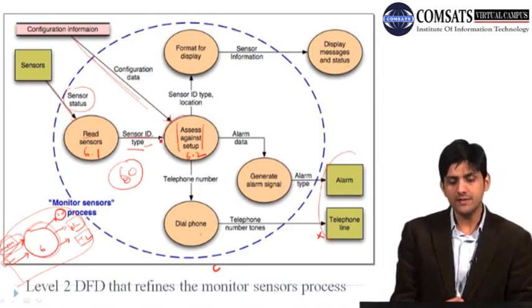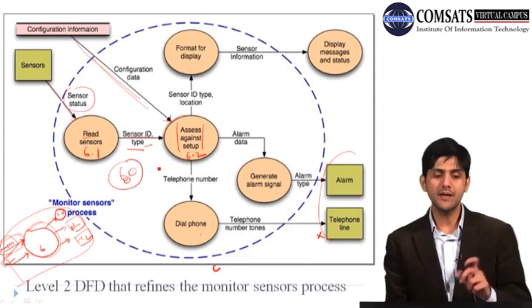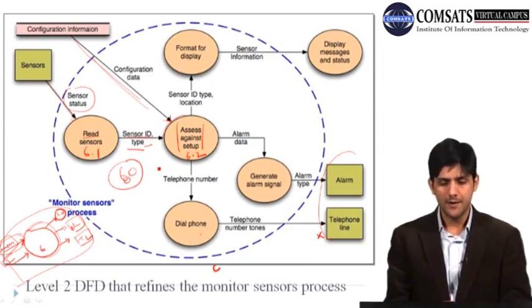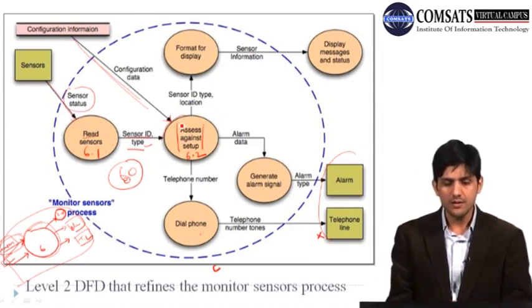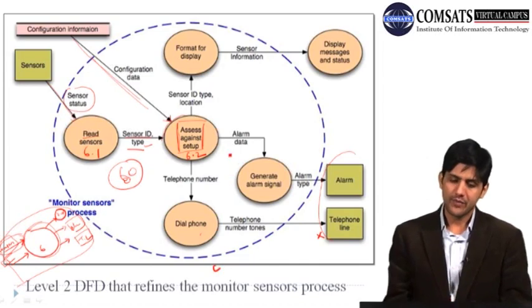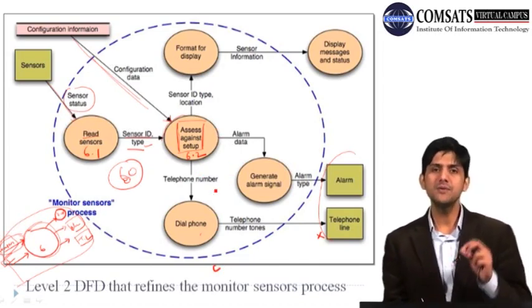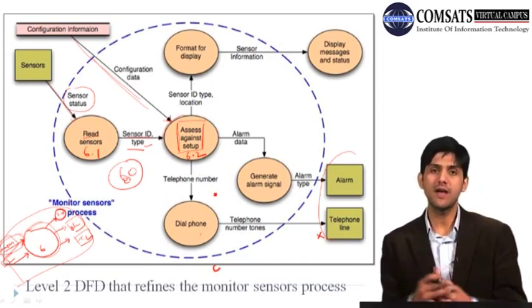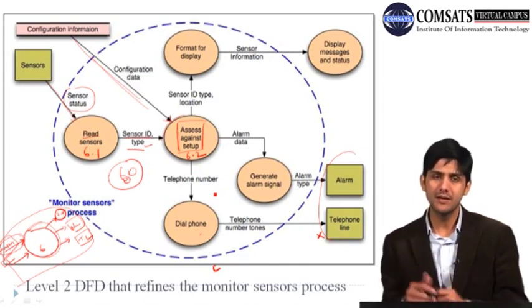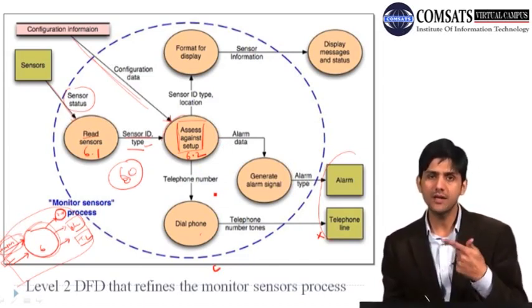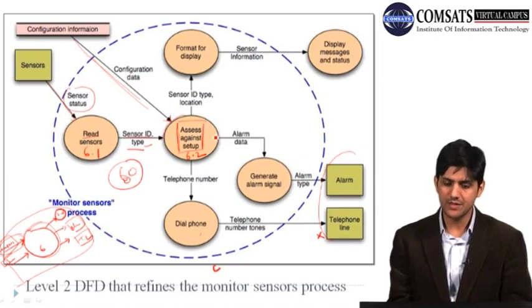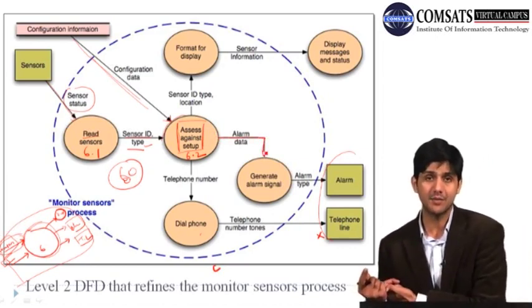So whatever the sensor values are, they are compared against that configuration data, and then based on that, it decides what kind of action should be taken. For example, if the smoke sensor value exceeds the acceptable limit and you sense a lot of smoke in the house, you send some data, because you want to trigger an alarm now.